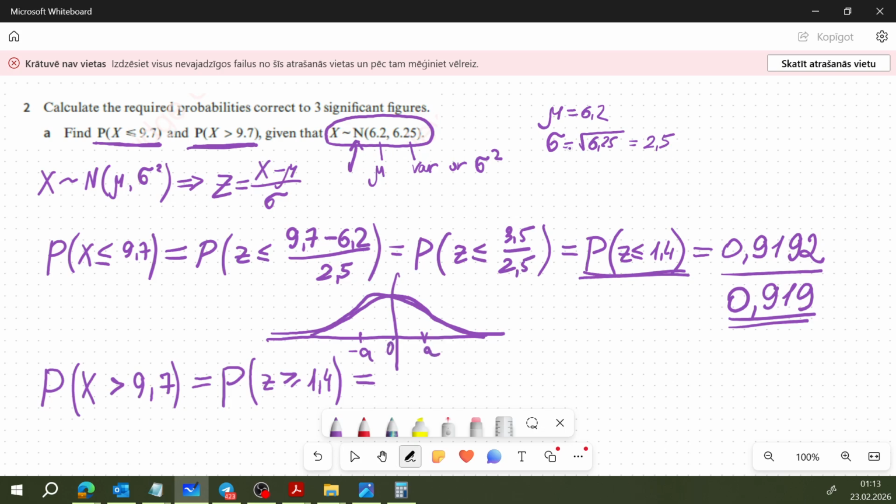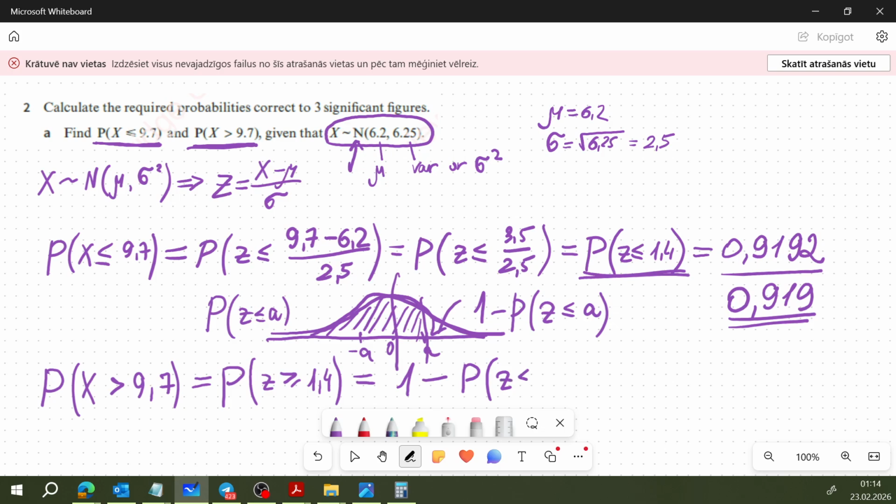If you want to find P of Z smaller or equal a, then this is that. But if you want to find this part, then this is 1 minus P of Z smaller or equal than a. So it means that it's going to be 1 minus P of Z smaller or equal than 1.4.